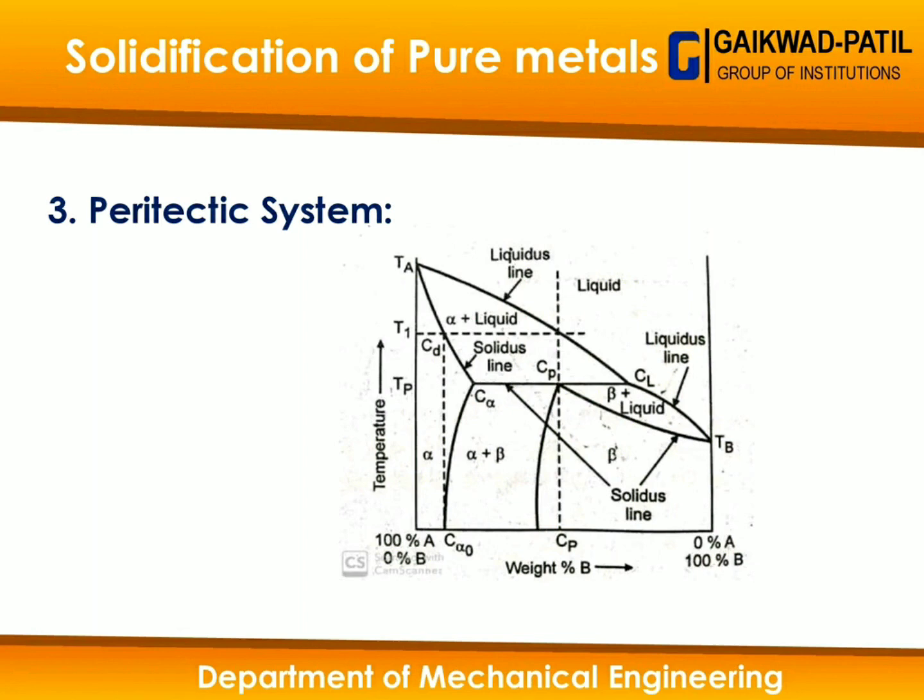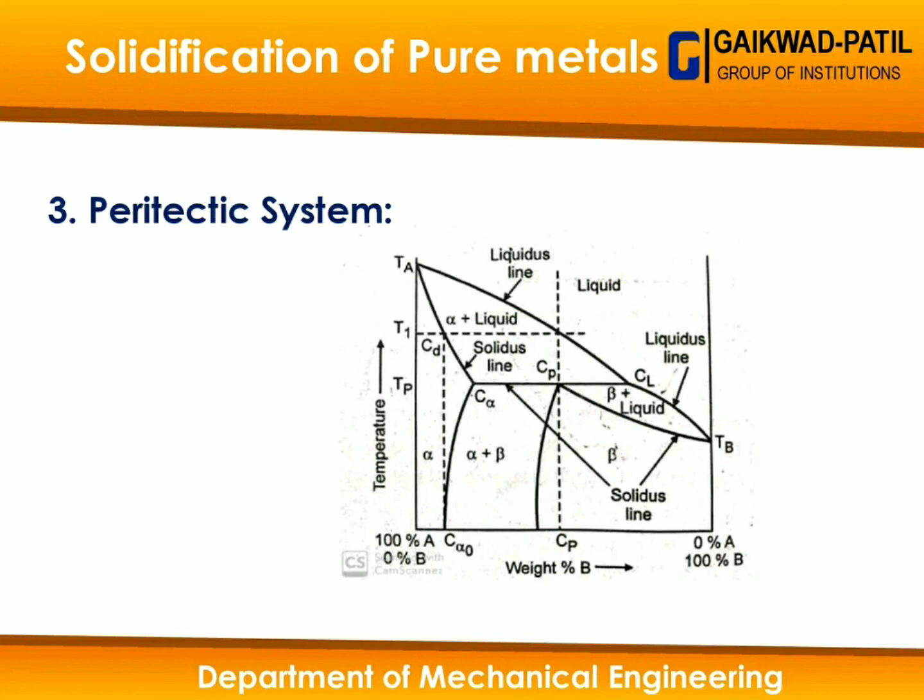But here we will get alpha plus beta peritectic solid plus peritectic liquid. So at the end of this particular system, we will get partial solid and partial liquid phase. We will not get the complete solid phase of the peritectic system.